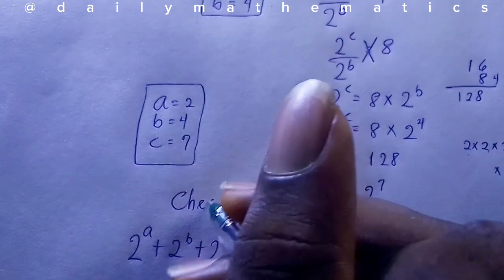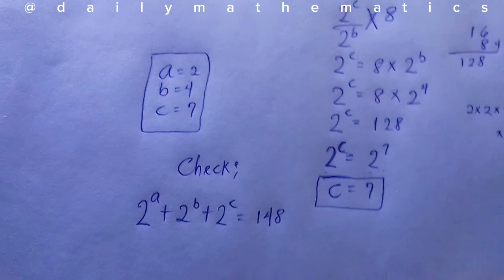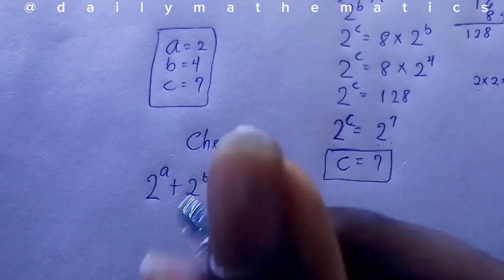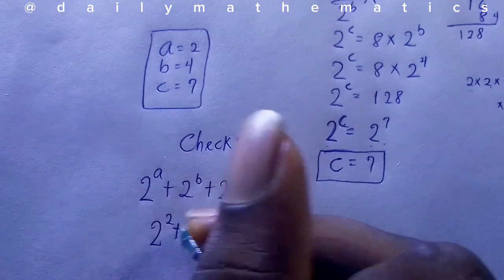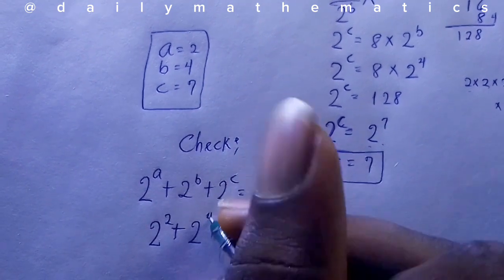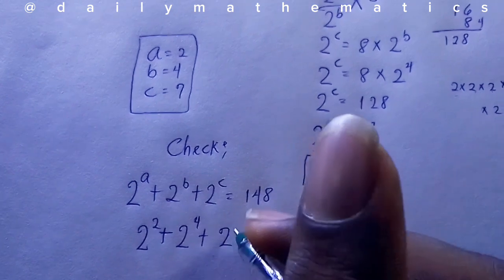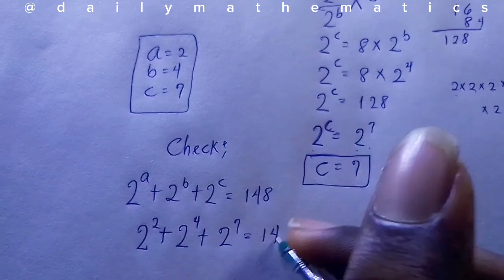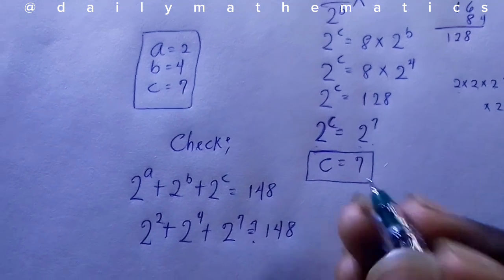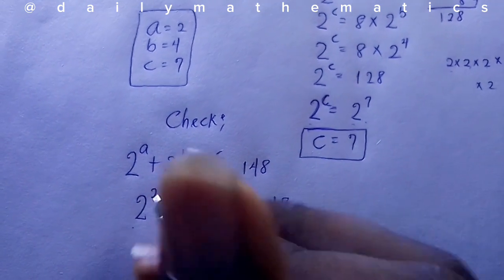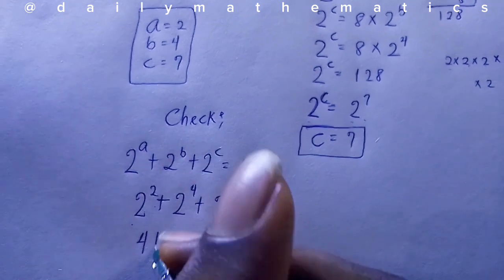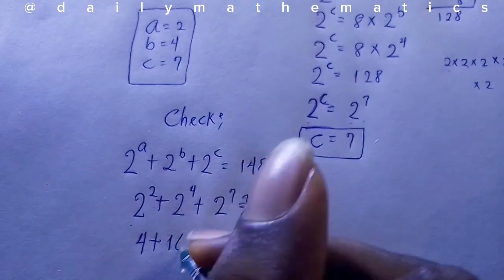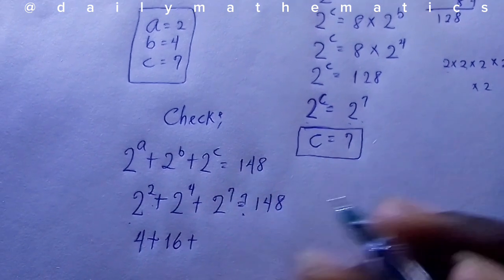Let's check our answers now, if it's correct. A is 2, so that's 2 raised to the power of 2 plus B is 4, 2 raised to the power of 4 plus C is 7, 2 raised to the power of 7. Does it give us 148? So 2 raised to the power of 2 is 2 times 2, 4, plus 2 raised to the power of 4, that's 16, plus 2 raised to the power of 7.